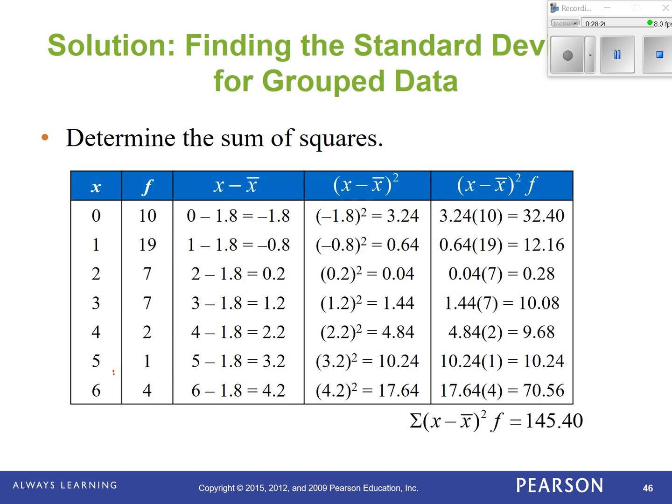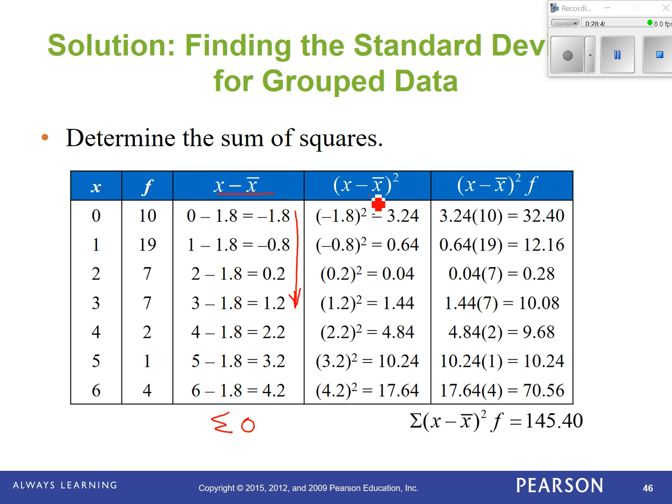We make our chart here, so we got X, we got F, our frequency, then we take X minus X bar, we got all that down through here. Remember, if we add all those up, it should come up to 0.